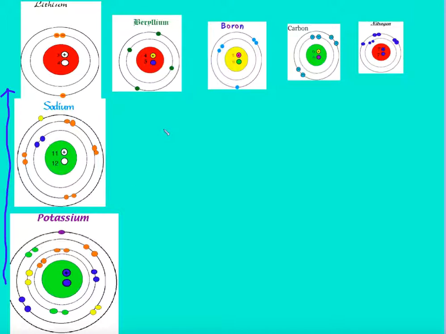So we can use a simplified version of Coulomb's law again, and say that the force of attraction is equal to the positive charge, which is in the nucleus and based on the protons, times the negative charge, the charge of the electron it's trying to attract, divided by the distance the electron is from the nucleus squared. That's how much force of attraction there is, or how well they can attract.